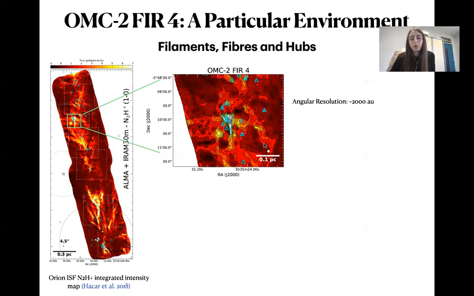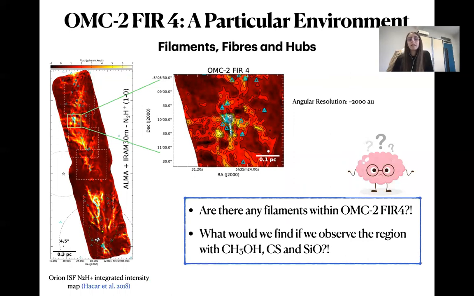You can see there is this fiber here, but in the main region of OMC2 FIR4, we couldn't observe any intra-hub filaments. So one of the main questions is, are there any filaments within OMC2 FIR4?